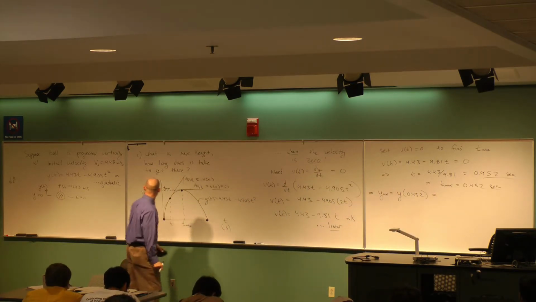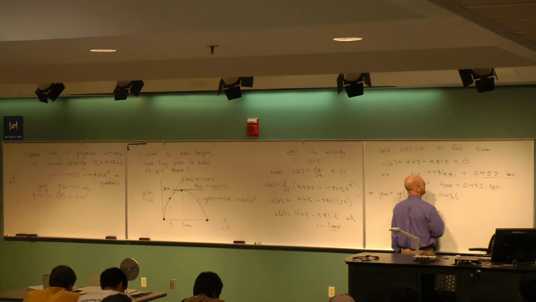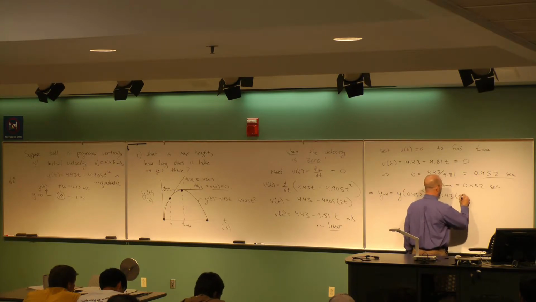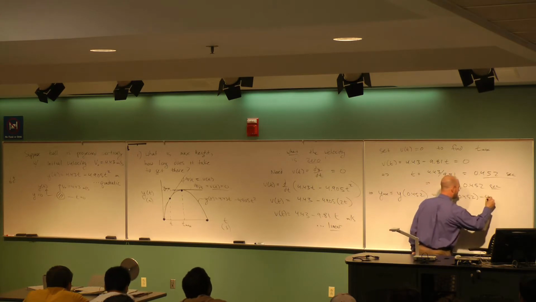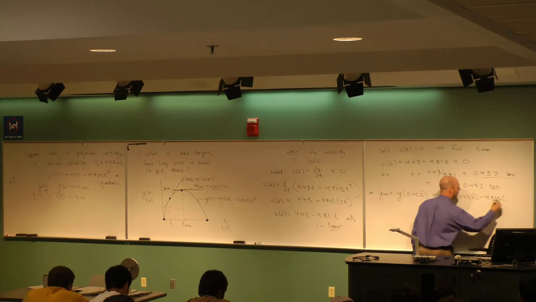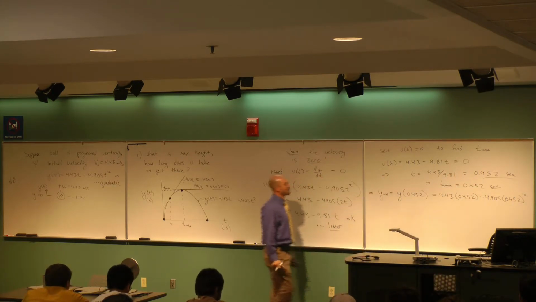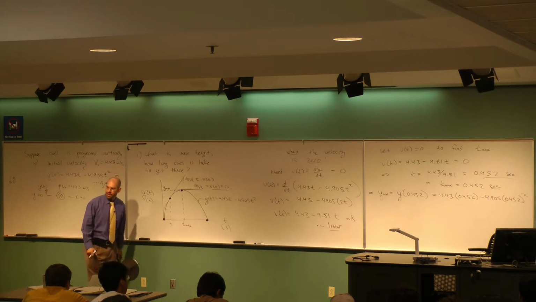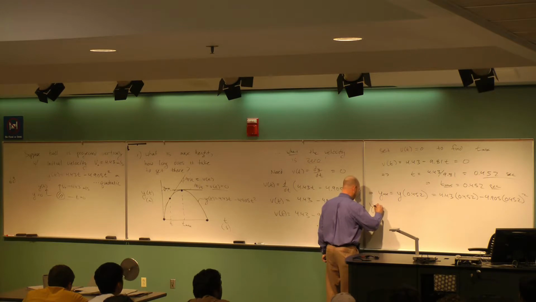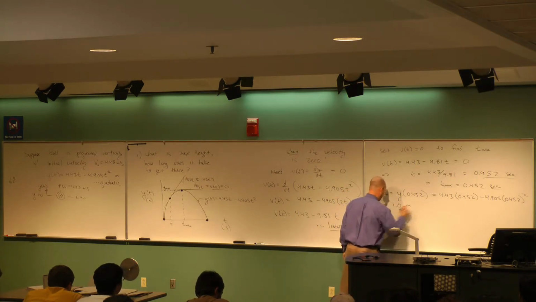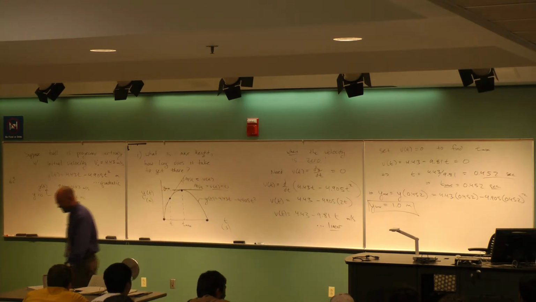Y is 4.43t minus 4.905t squared. 4.43 times 0.452, minus 4.905 times 0.452 squared. How high does this thing go? 1 meter. Is this the answer to all dynamics problems? Y max is equal to 1.0 meters. What the heck is going on there?